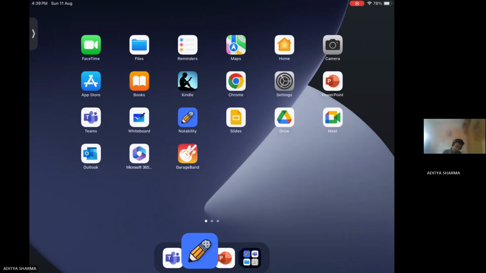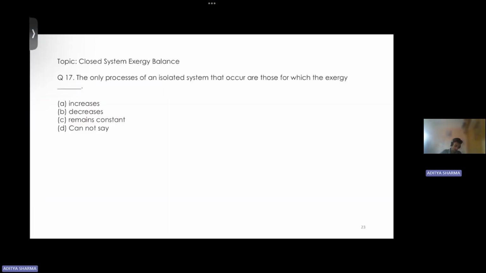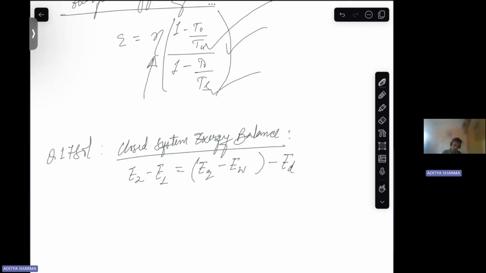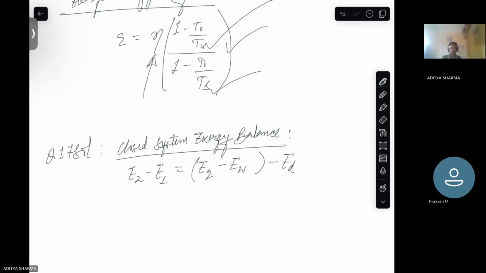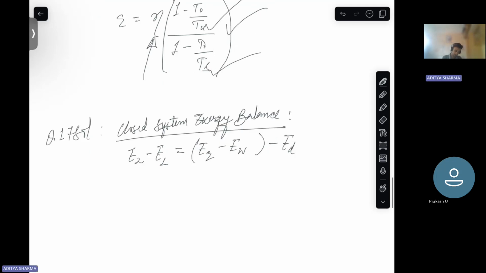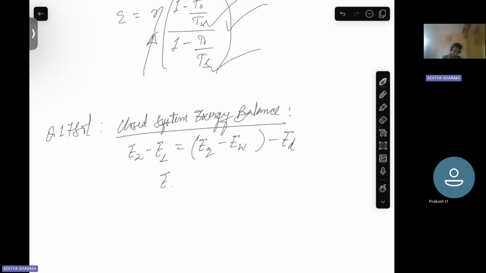And the question here says that it's an isolated system. Because it's an isolated system, in that case, E_Q will be equal to E_W will be equal to 0, right?